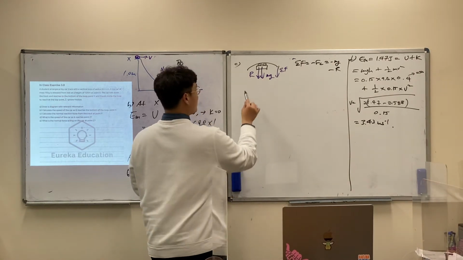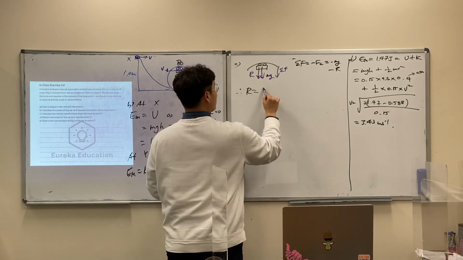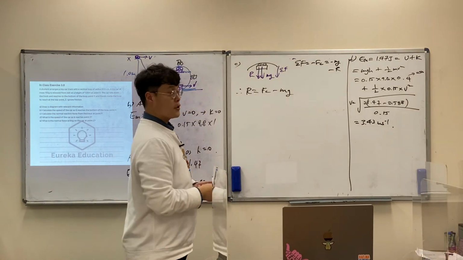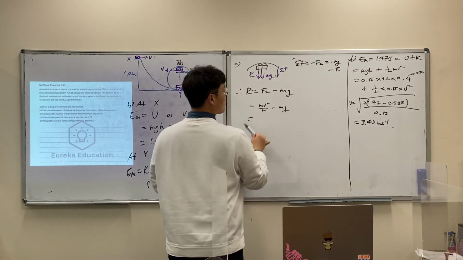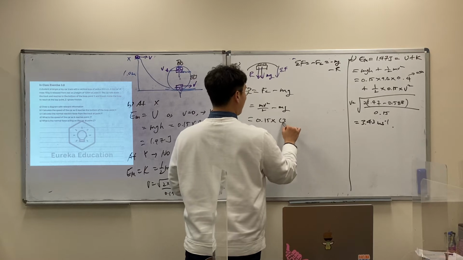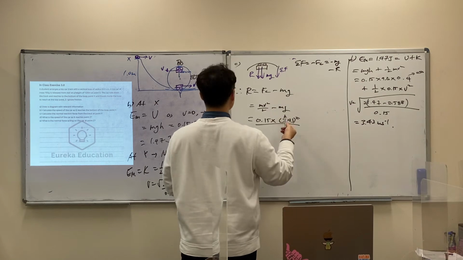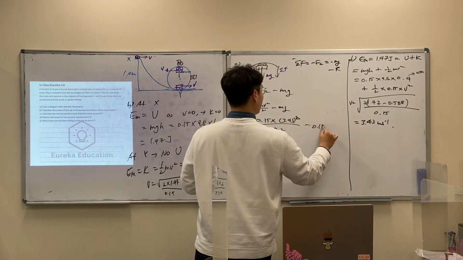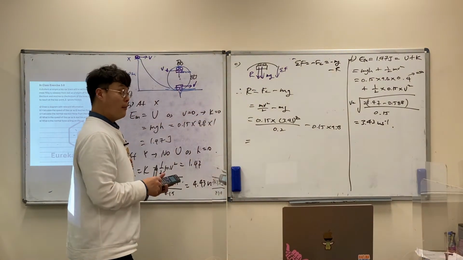Yep. So simply, R would equal, moving that, Fc minus mg, which is equivalent to mv squared over R minus mg. That's m, 0.15, times v, that value, 3.43 squared, divided by R, R given as 0.2, minus the mg, 0.15 times 9.8.